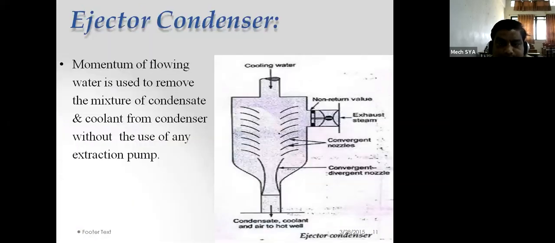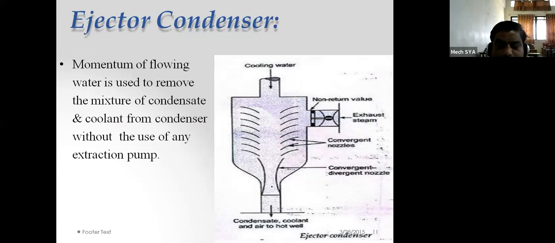Ejector condenser: convergent-divergent nozzles are used. The convergent nozzle will increase the velocity of the exhaust steam and cooling water. Because of that, the cooling water and exhaust steam are effectively mixed with each other. At the divergent side, the velocity is decreasing and the pressure is increasing.